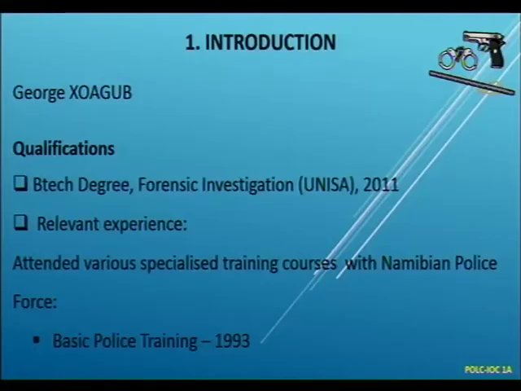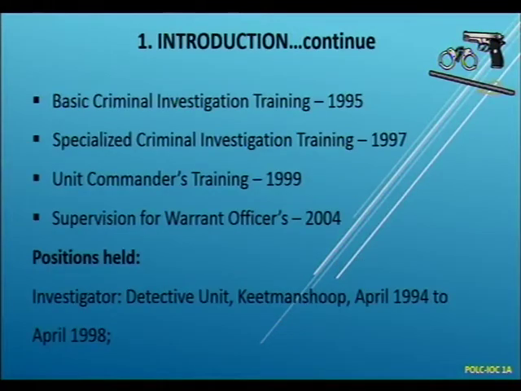So, as I said, my name is Iol Cc Ab2018. I have a B.Tech degree in forensic investigation obtained at UNISA. My relevant experience is that I was a police officer for close to 20 years. I have experience in criminal investigation, where I obtained the basic criminal investigation training and specialized criminal investigation training.